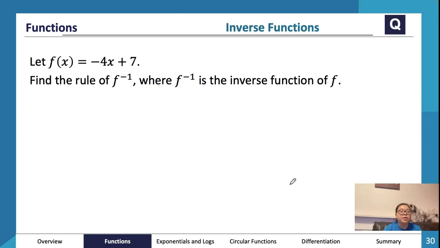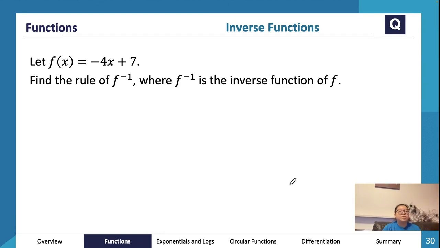Okay, let's chat about how we actually write out the inverse function. Here, f(x) = -4x + 7, and they want us to find the inverse rule. Note they said rule rather than inverse function, because if they want the inverse function, we need to include the domain as well.